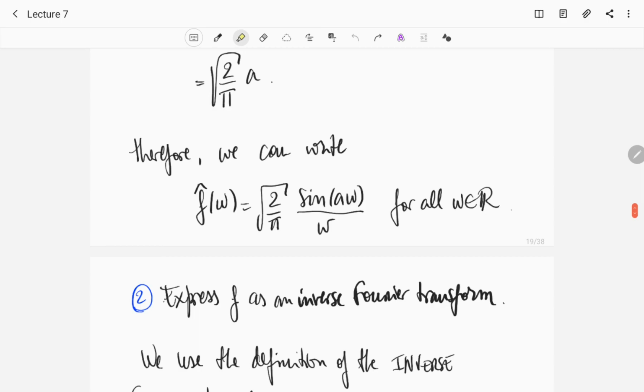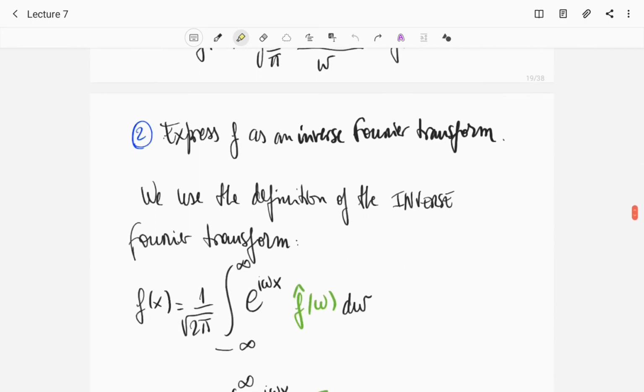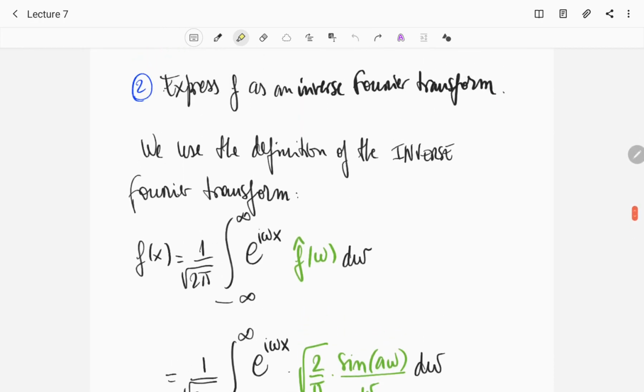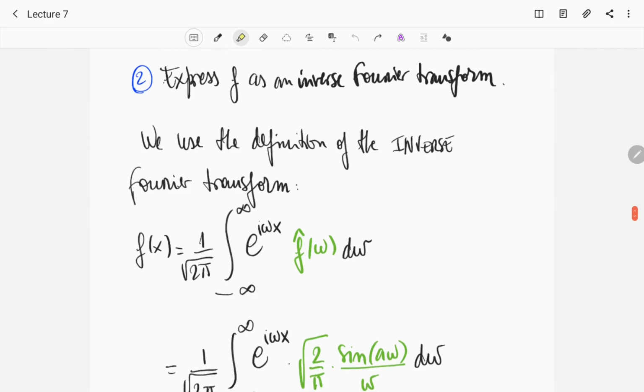Okay. Second, it's not the second example, it's like the second part of this example. We can also express f as an inverse Fourier transform. So we will show how to do that. Again, remember that we have these two definitions in the lecture. In the first part, the definition of the Fourier transform of the function and the definition of the inverse Fourier transform of the function. So we just will use the definition. You can see the notes, but the definition is exactly this.